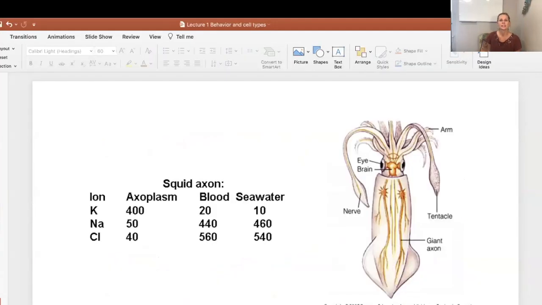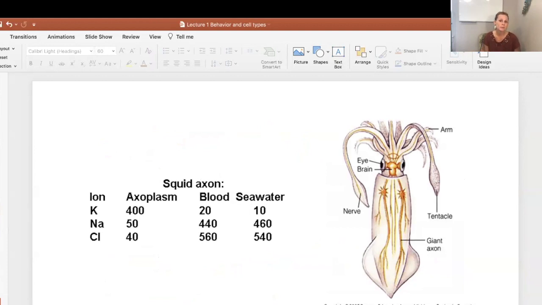If you see here, the ion potassium in the axoplasm, which is another name for inside the cell, the cytoplasm, what's inside the axon, is 400. Normal blood, in terms of equivalent, would be 20, and seawater would be 10. For sodium, inside the axon is 50.